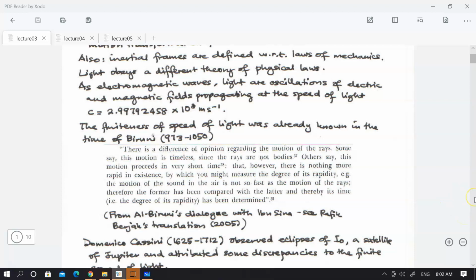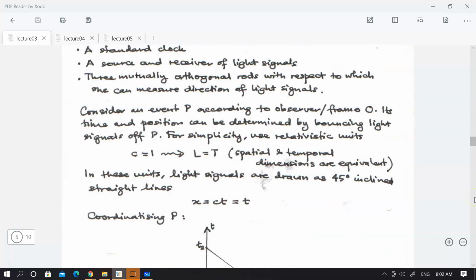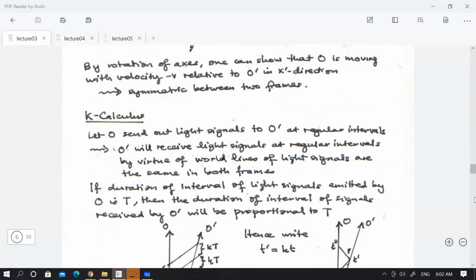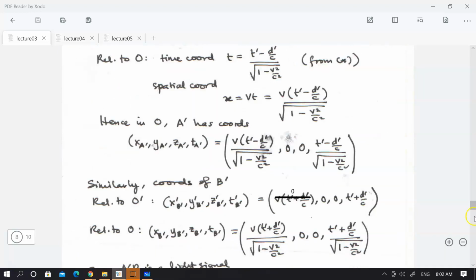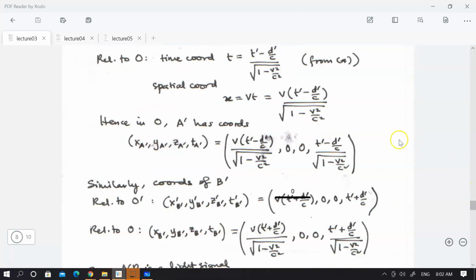Okay, I think I already mentioned this in the last lecture, so I just want to confirm there is a correction here. If you look at the coordinates of b dash relative to o dash, this is actually 0.